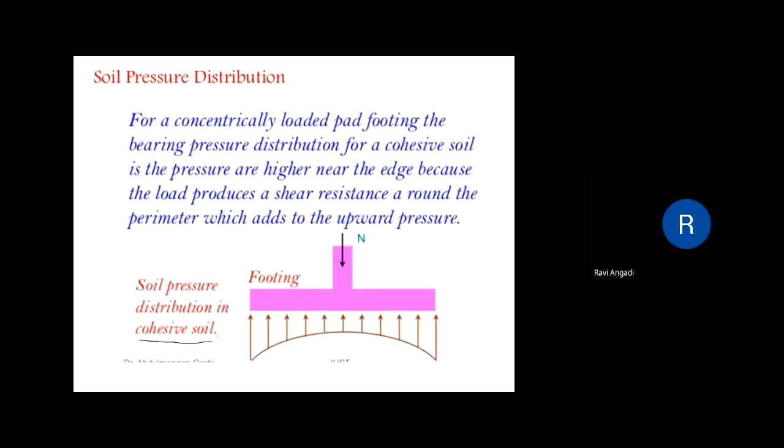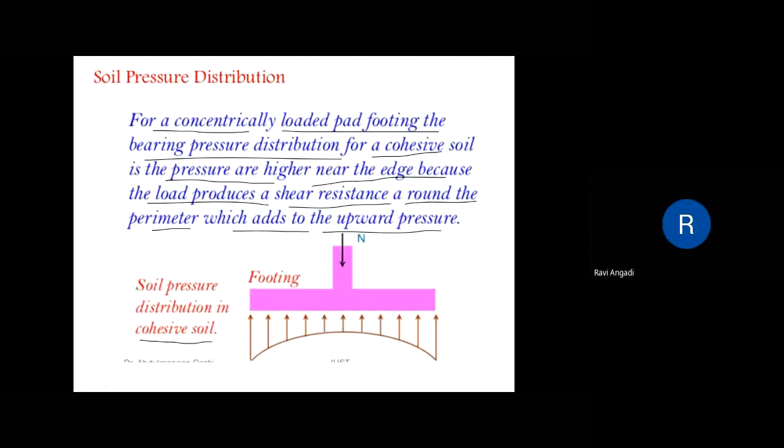If you take cohesive soils like clay, whenever a footing is placed over the cohesive soil and the load is applied, what will happen? For a concentrically loaded pad footing, the bearing pressures in a cohesive soil are higher near the edge because the load produces a shear resistance around the perimeter, which adds to the upward pressure.